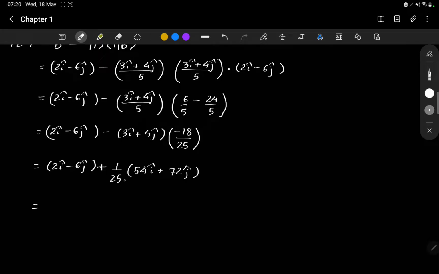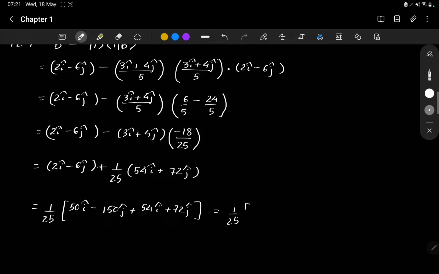Now let's take this 1 by 25 as a common denominator. Then what we have is 50 i cap minus 150 j cap plus 54 i cap plus 72 j cap.